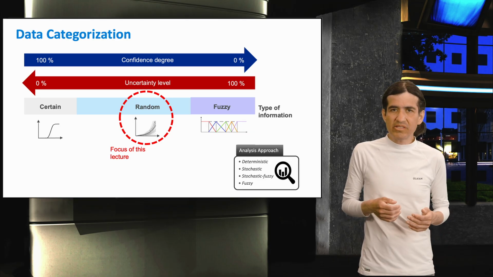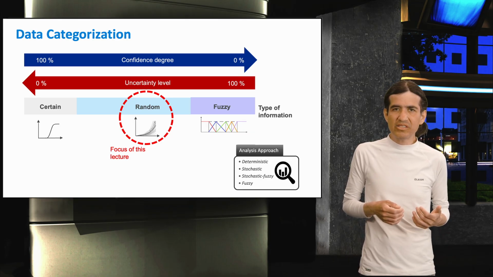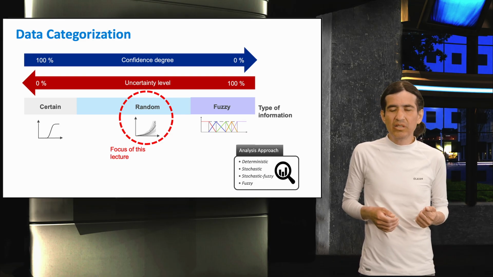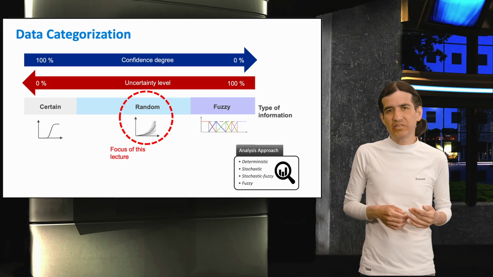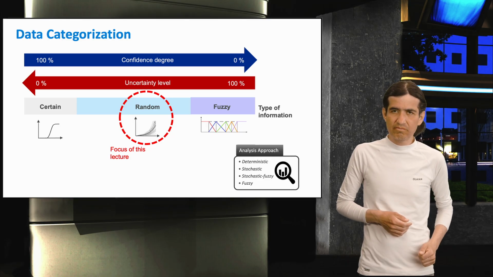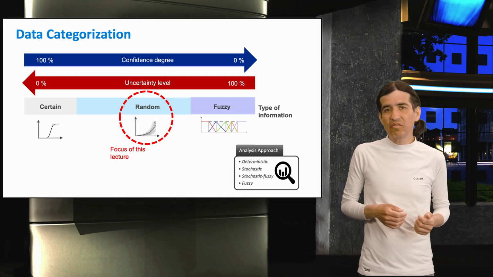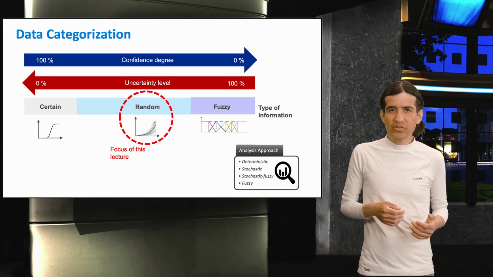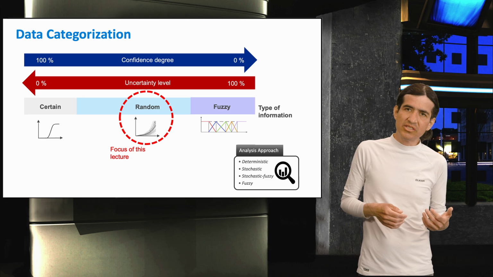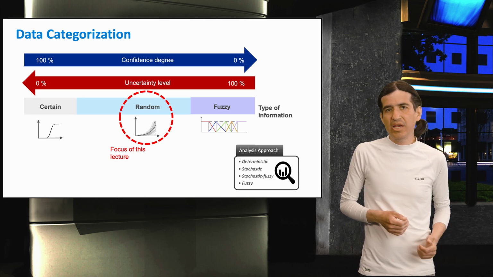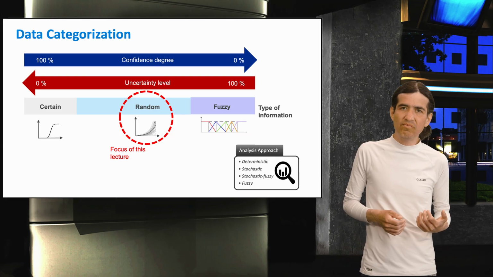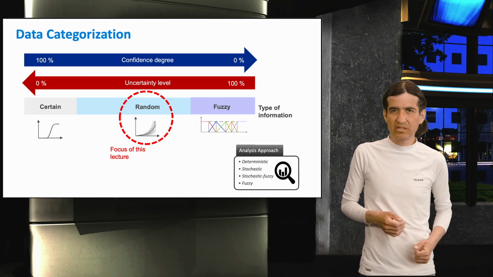When confidence remains relatively high but uncertainty is present and quantifiable, the data is treated as random, typically described by probabilistic distribution functions. This leads to the use of stochastic probabilistic power flow methods, which capture variability in power system behavior. It is worth recalling that the lecture focuses on these types of modeling and analysis.